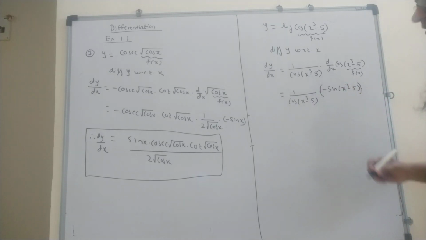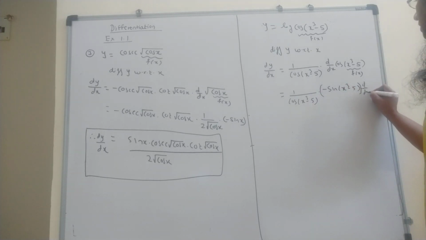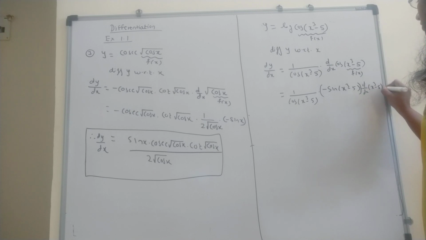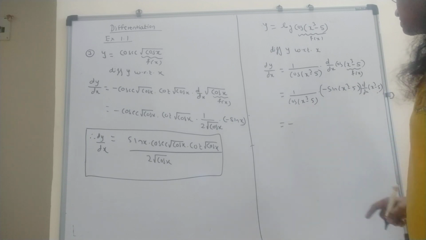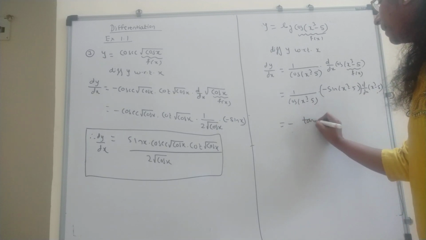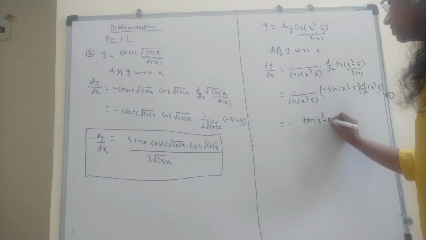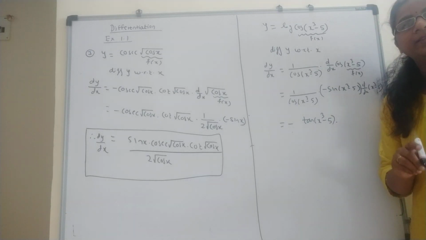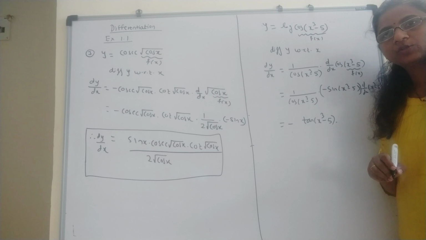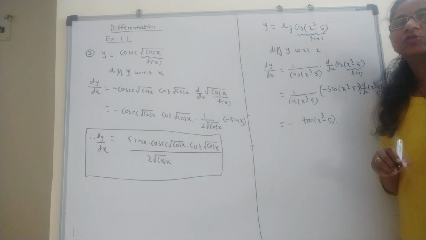into f dash x into derivative of the innermost function. Okay, now this is minus sign. You may write sin upon cos as tan of x cube minus 5. A derivative of x cube using formula x raised to n. Derivative of x raised to n is n x raised to n minus 1.